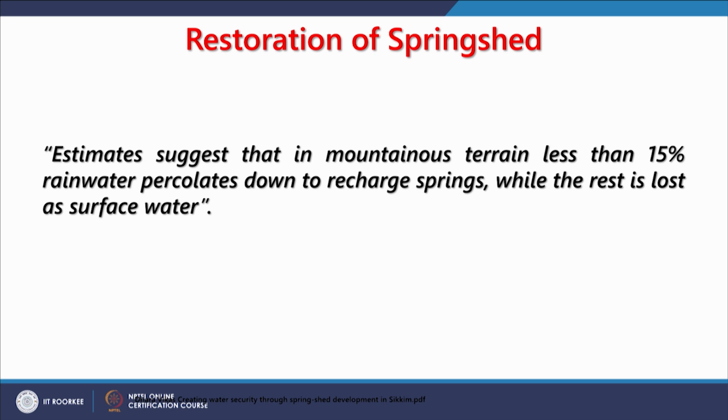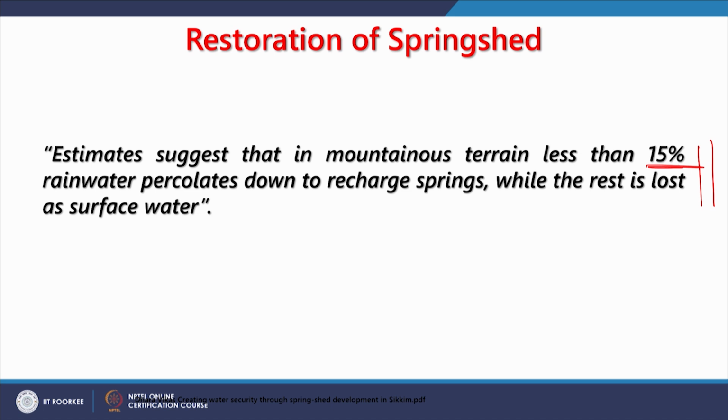Now, we are reaching the end of our discussion on springs. Two more discussions we will have on springs, like thermal springs and others. Before that, the estimates suggest that in mountainous terrain less than 15% of rainfall percolates down to recharge springs, while the rest is lost as surface water. And this is a serious thing, this percentage.